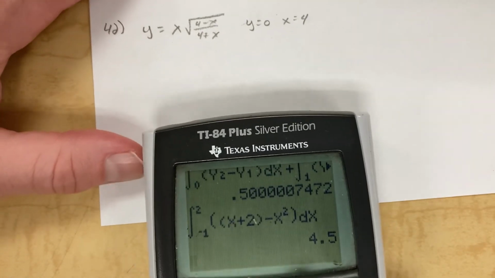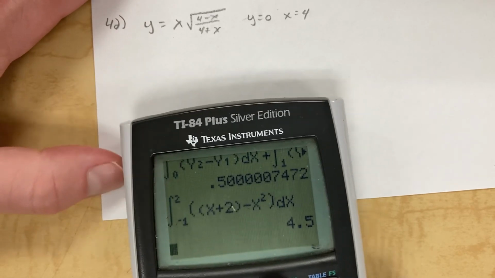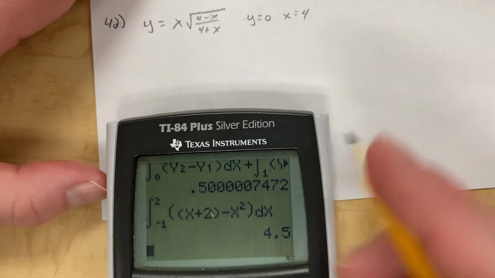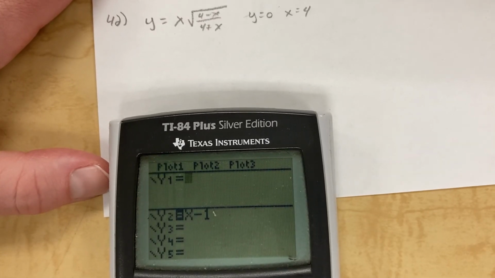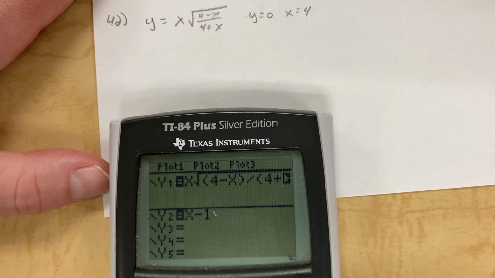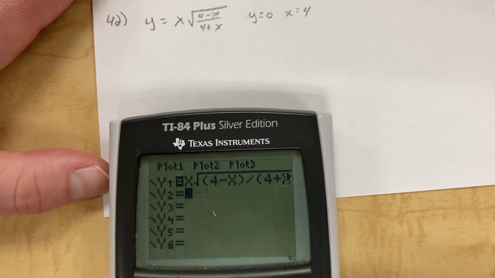All right, we come to 42, and they want us to figure out what's the area under this using a calculator. So I'm going to take our calculator here, and let's go x times the square root of 4 minus x divided by 4 plus x. All right, so that gives us that. I can clear this one out.